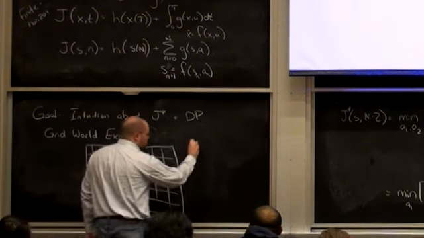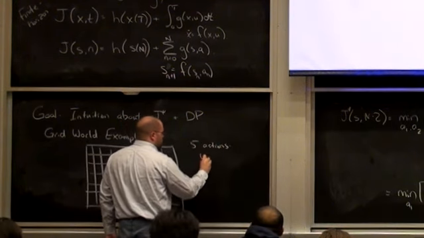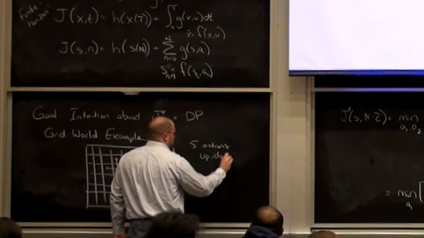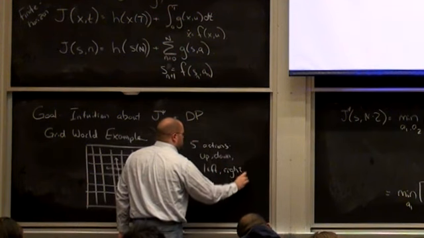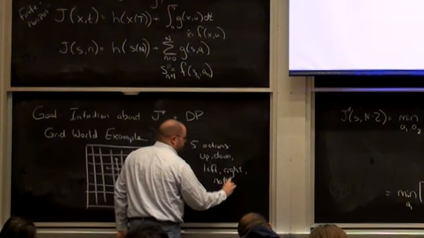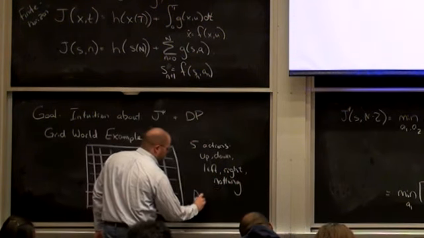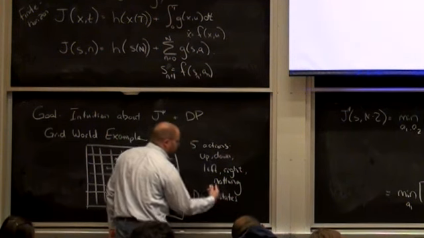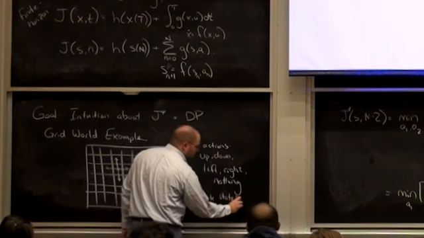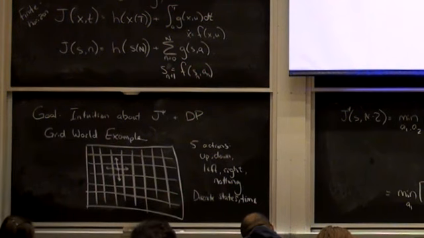So discrete states and discrete time. Every time you take an action, in the next time step, you'll be in the next grid box.